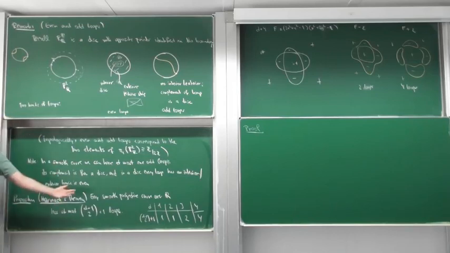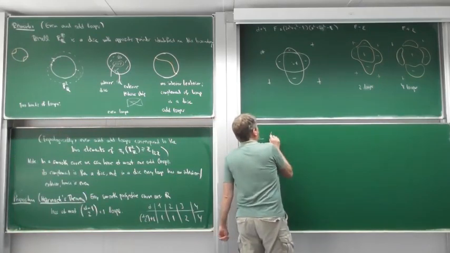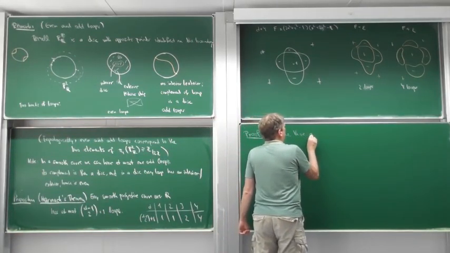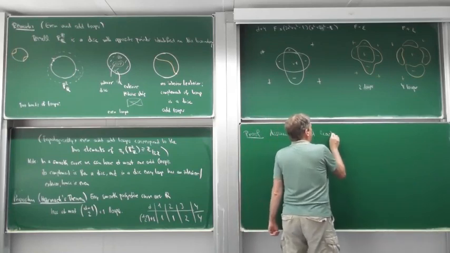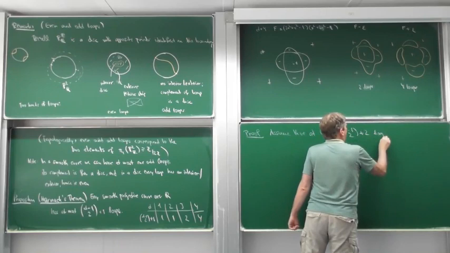So again, of course, we do that by contradiction. So we assume we have at least one more. We assume there are at least D minus 1 choose 2 plus 2 loops.